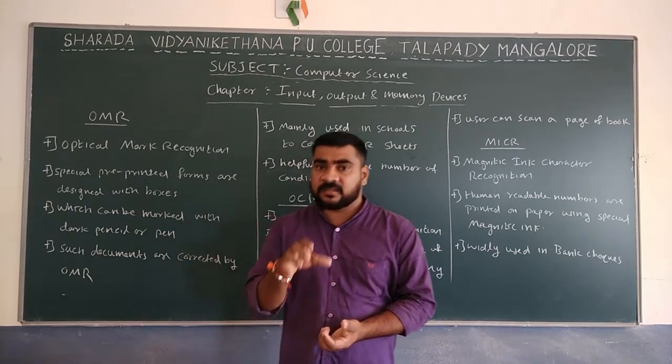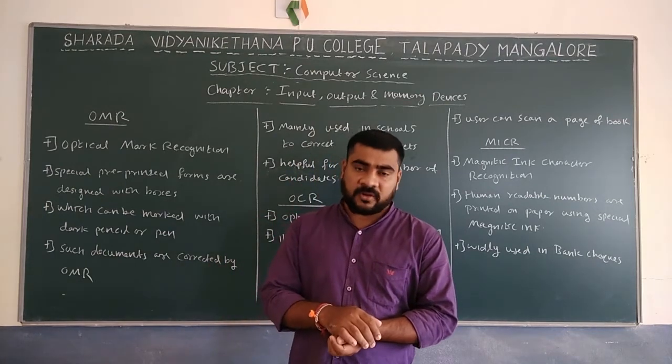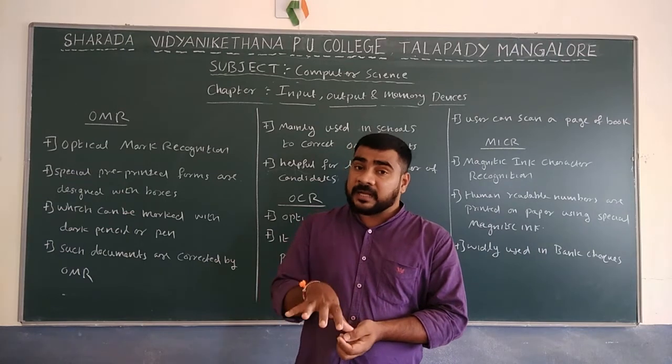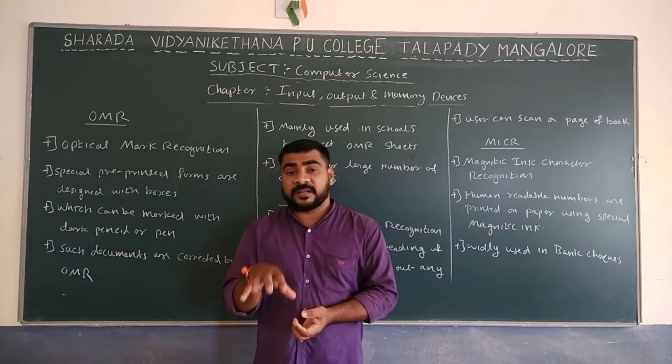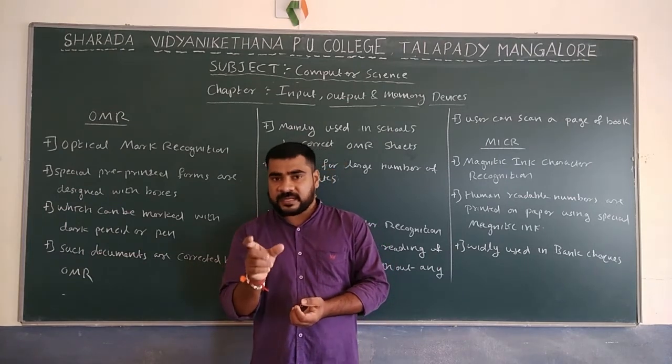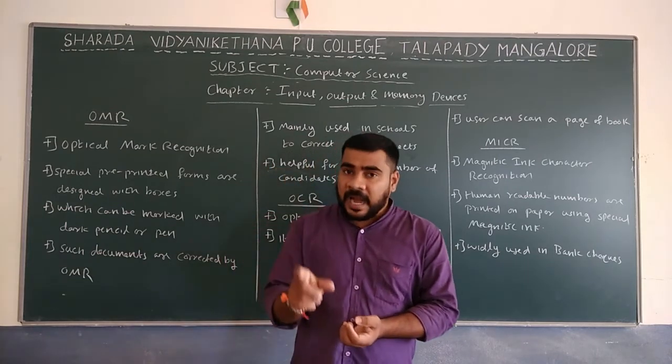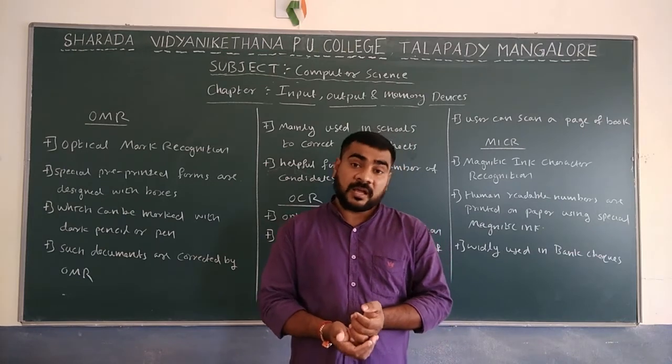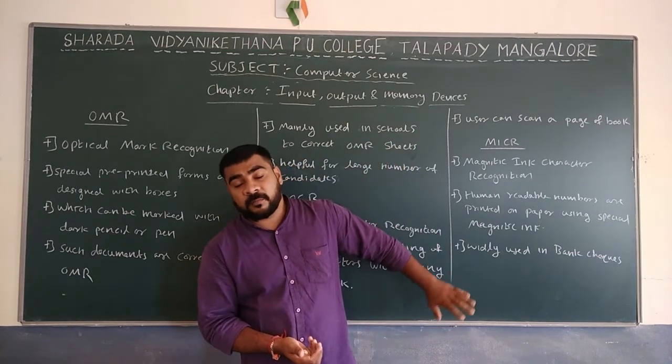Based on the magnetic ink, we write or print some data. Whenever data is written using the magnetic ink, that data can be read by using the MICR, magnetic ink character reader.